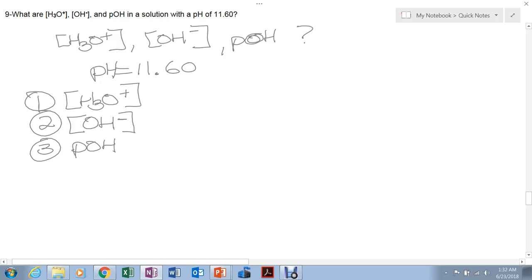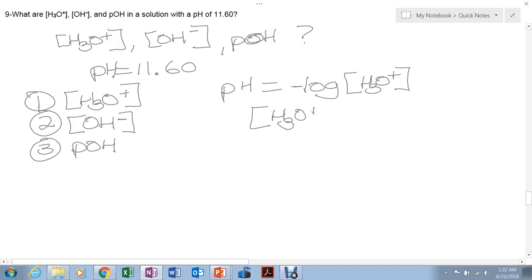So here we're going backward because the pH is the minus log of the concentration of H3O plus. If you want to find the concentration of H3O and you're given the pH, the same with the pOH for hydroxide, it is 10 to the negative of the pH. And that gives us the concentration of hydronium.